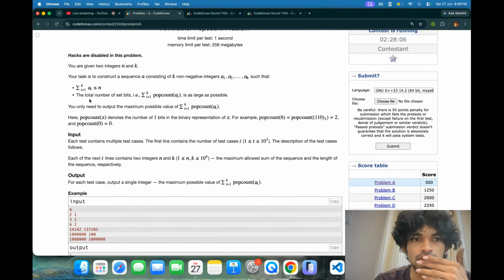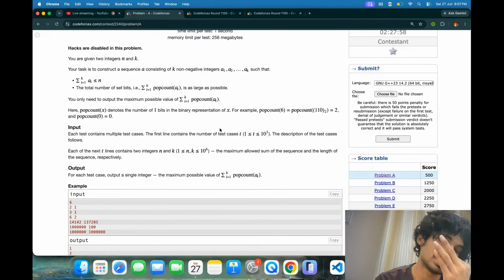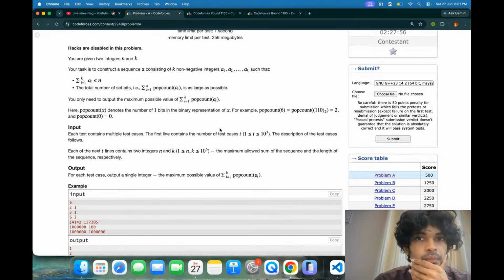Oh, okay. Sorry, the total number of set bits should be as large as possible. So one thing you can surely say is there will always be like 1 or 111 or something like that. Now, can you just be greedy?